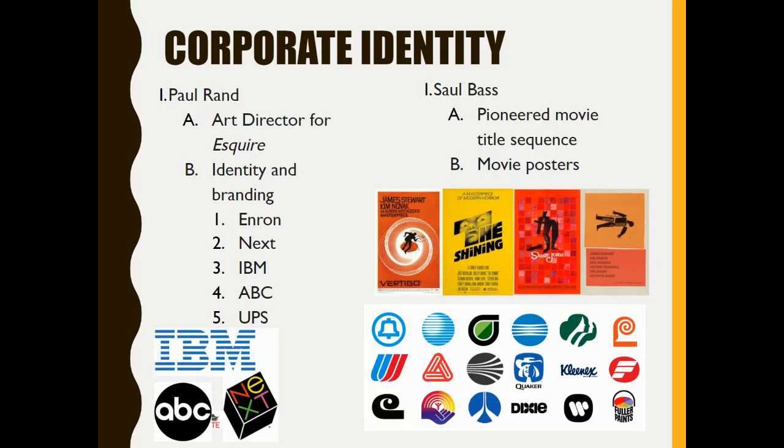And it was a very intentionally designed part of the film. It was this sequence of titles of people and the movie and all that would be going on, not just at the end. So if you watch any of these original movies like Hitchcock's Vertigo or The Shining, and you watch the first few minutes of it, those title sequences were designed by Saul Bass. So he was a really big part of that and very well known for that.